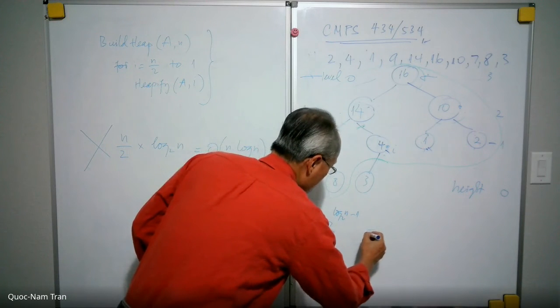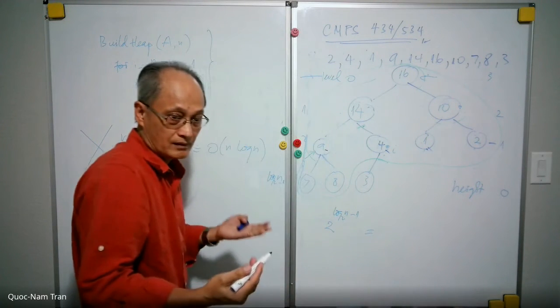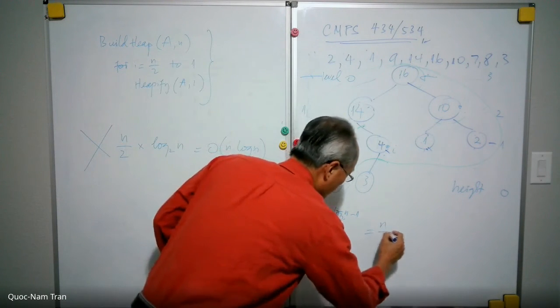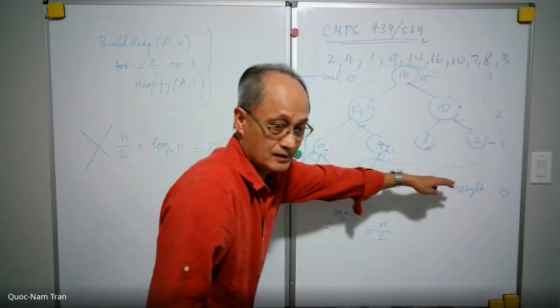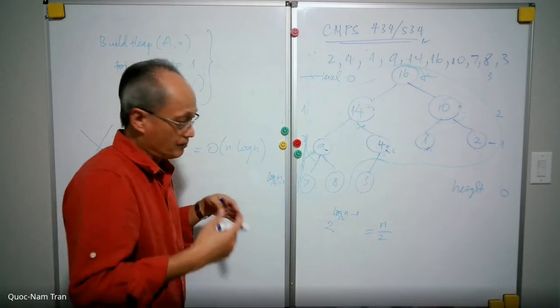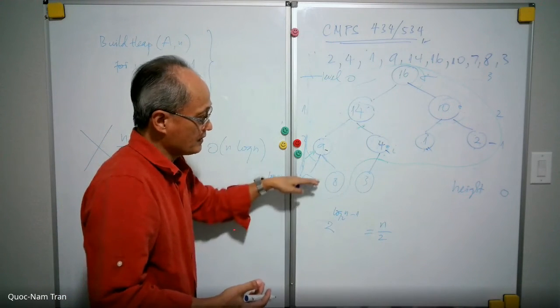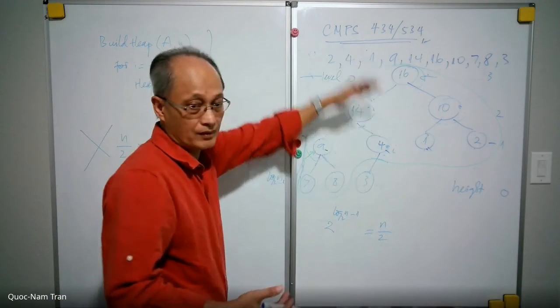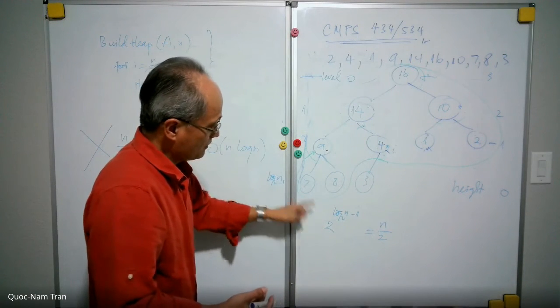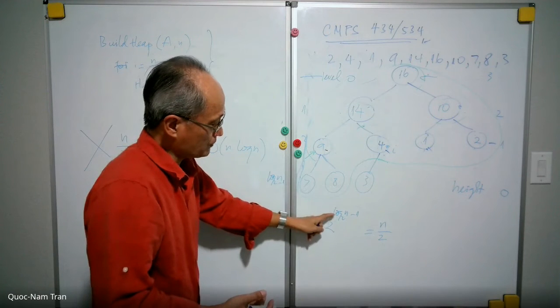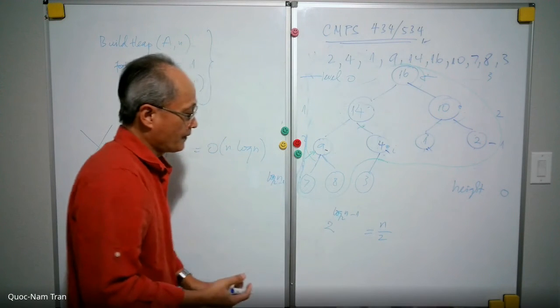This one is basically half of the number of nodes. On the last row, the biggest number we can have is half of the total number of nodes. Okay, why? Because this one has 2 to the power of log 2 of n minus 1.